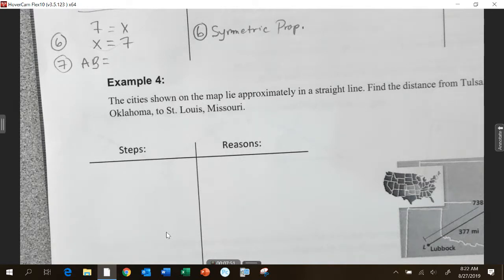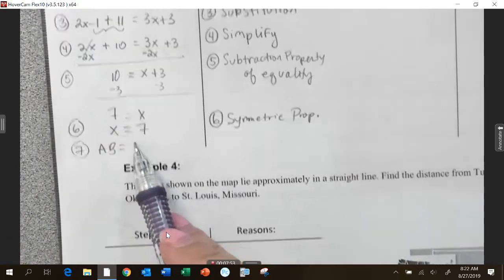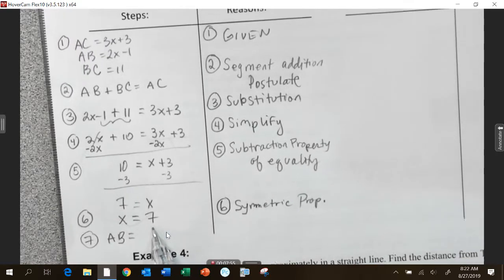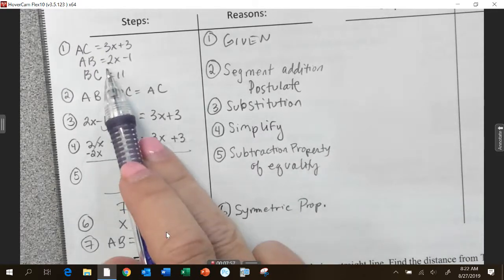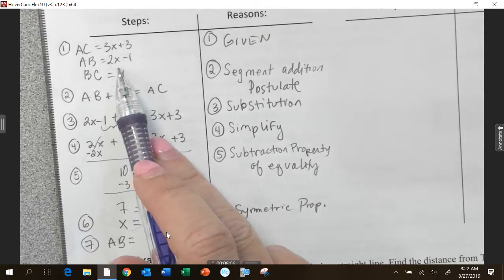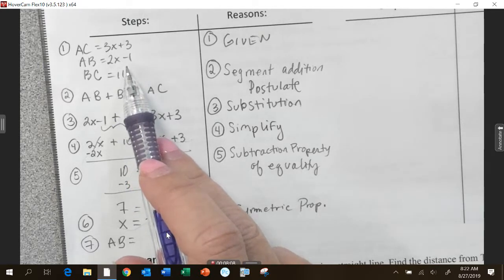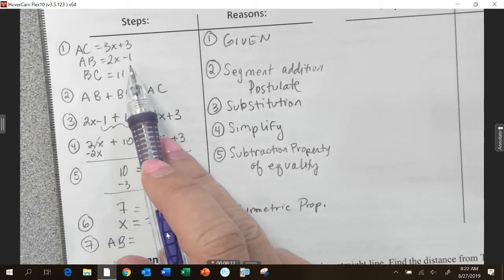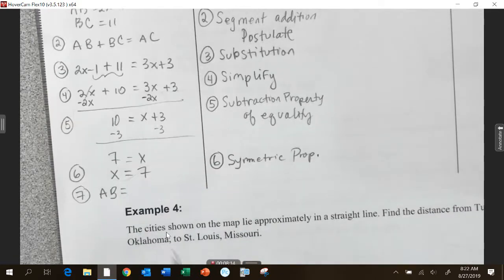Well, I know that x is 7, and I need to find AB, which is 2x minus 1. What could I do to find AB? Well, I'm not going to do 2x minus 1. What am I going to do? Do you know what x is? 7. So what am I going to do?